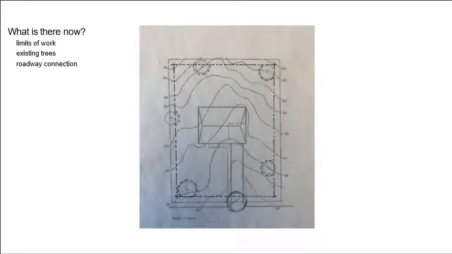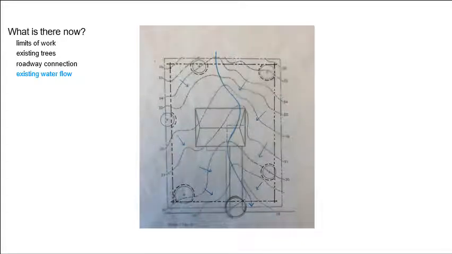So as we have already discussed, you have some things such as the limit of work going around the outside of the site. You have existing trees that you want to preserve, and you have your roadway connection. So you have a lot of limits going around the outside, and you have a fixed point here that you have to hit as part of this design. So this is part of the what is there now question.